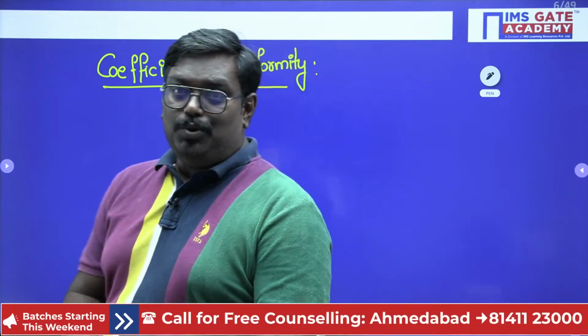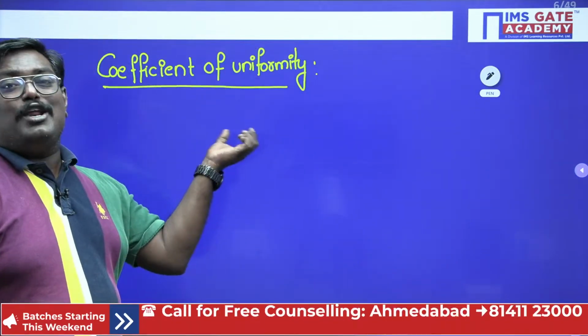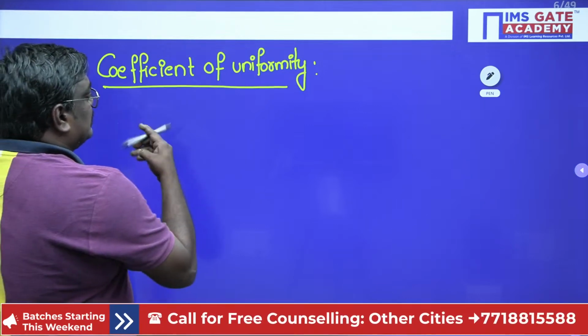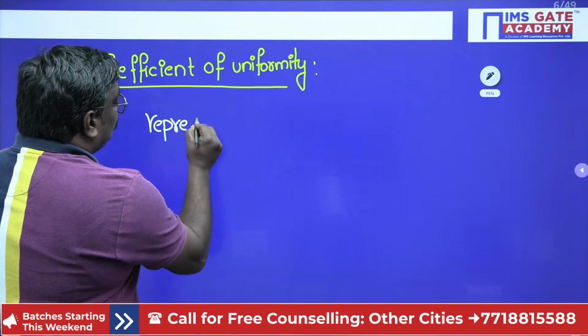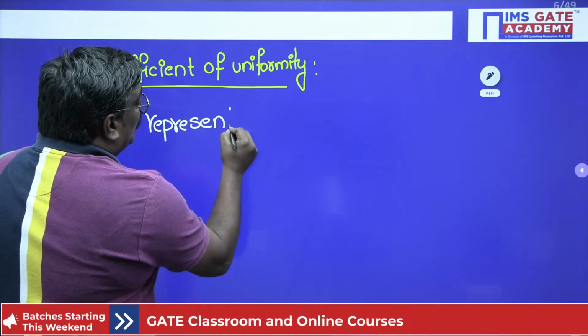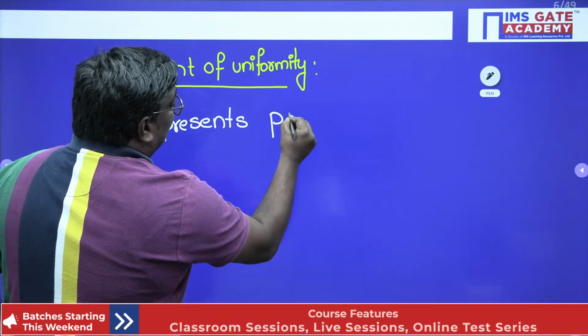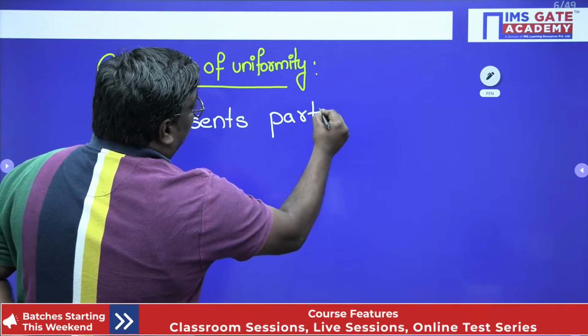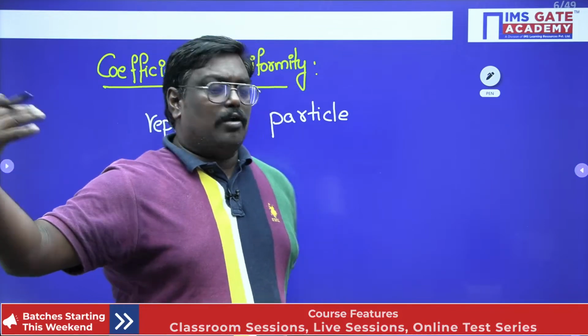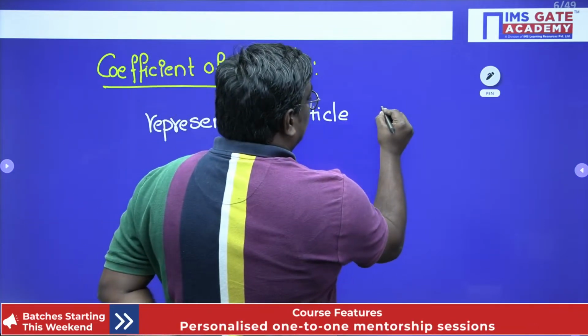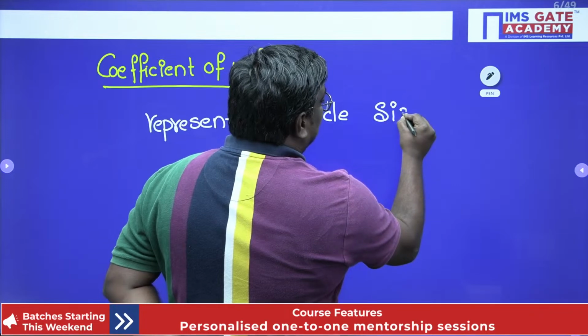Remember, my dear students, the coefficient of uniformity represents the particle size range. It gives you an idea about the particle size range, meaning whether the soil particles range from 0.2 micron to 200 mm or 4.75 mm. So it gives you an idea about the particle size range.